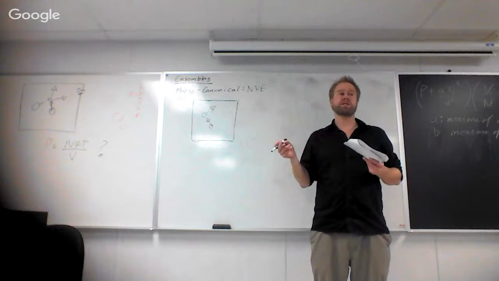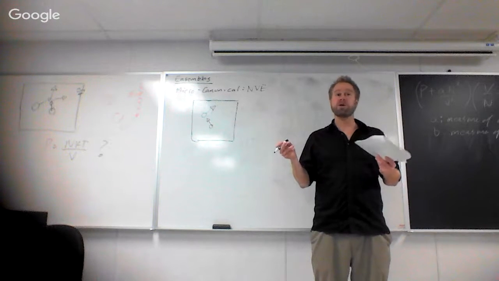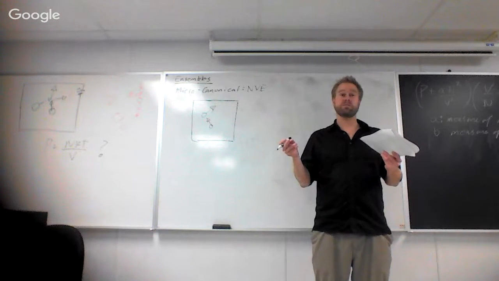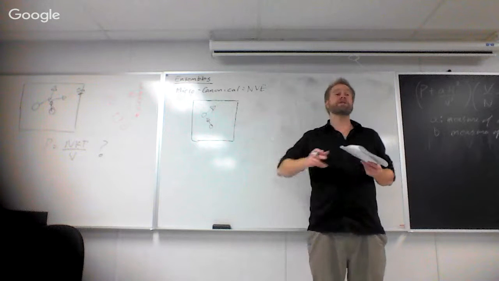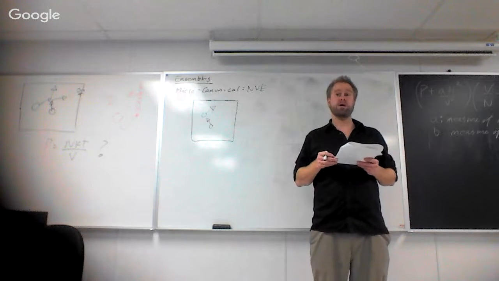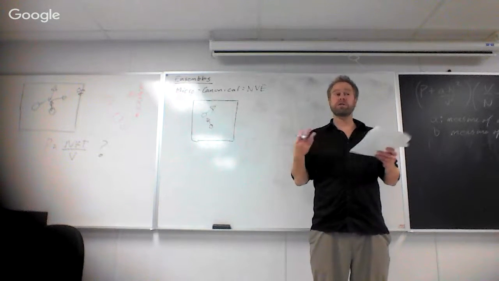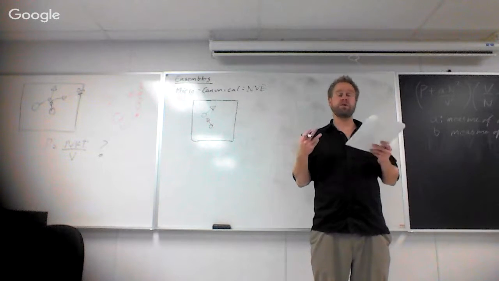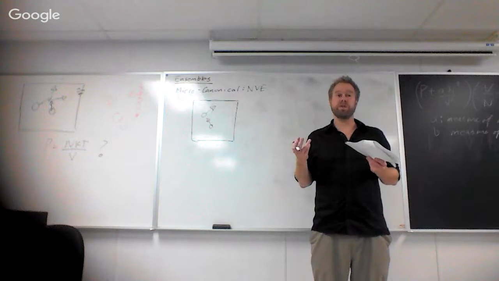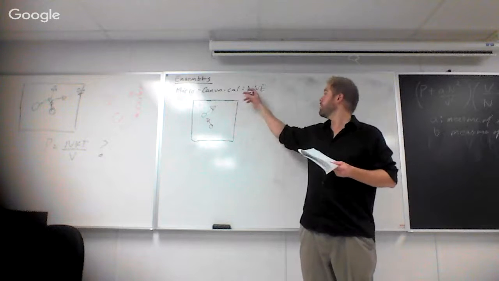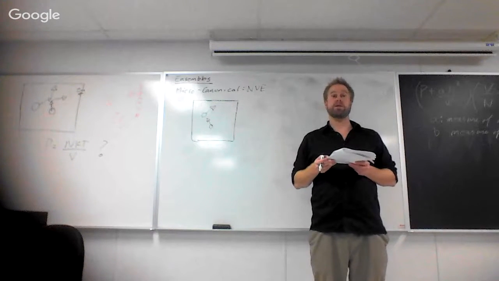Well, what's fixed in this system? Certainly the number of particles is fixed, right? The volume of this thing is fixed, and because there's nothing interacting with it, the total energy in the system must be fixed as well, right? So this is the microcanonical ensemble. We have constant NVE.